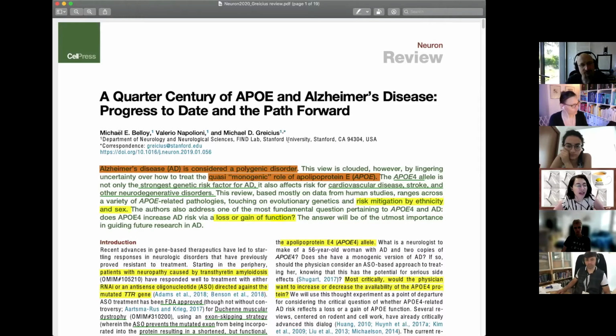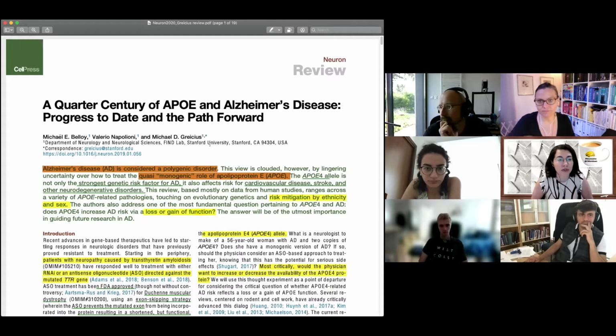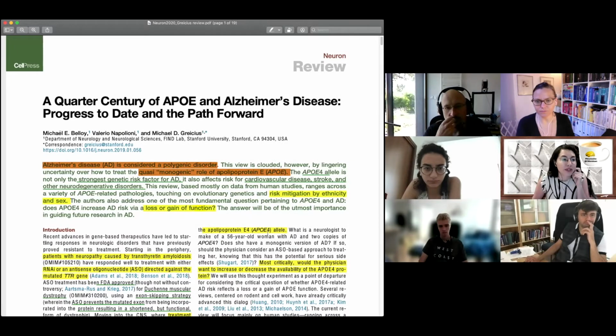This morning I would like to discuss this paper by Belloy, Napolioni, and Greicius that discussed the role of the APOE, the apolipoprotein E, in the case of the APOE4 allele in Alzheimer disease.